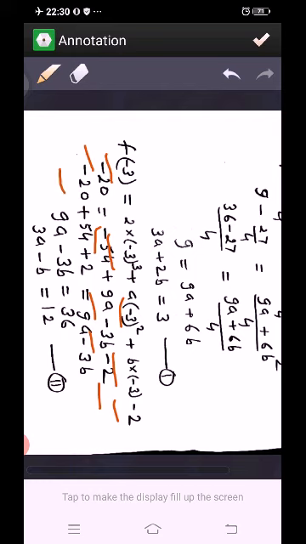Plus 54 transposed this side, and minus 2 transposed, that is plus 2, equal to 9a minus 3b. So we get 9a minus 3b equal to 36. It is divisible by 3, so we get 3a minus b equal to 12. This is our second equation.